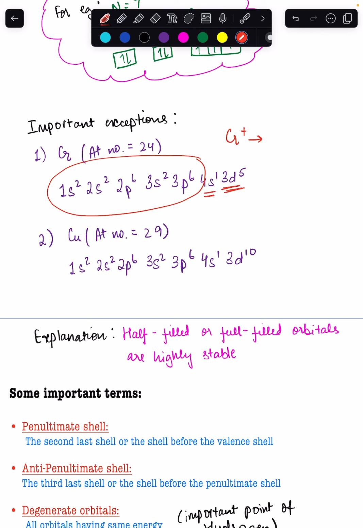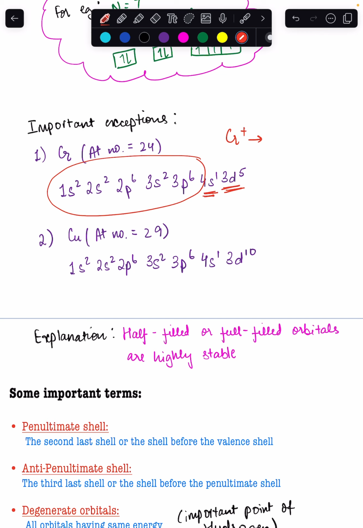When you take out an electron, it is going to be taken out from the valence shell, regardless of whether it is the last shell in which the electron went or not. The electron is always going to be taken out from the valence shell.